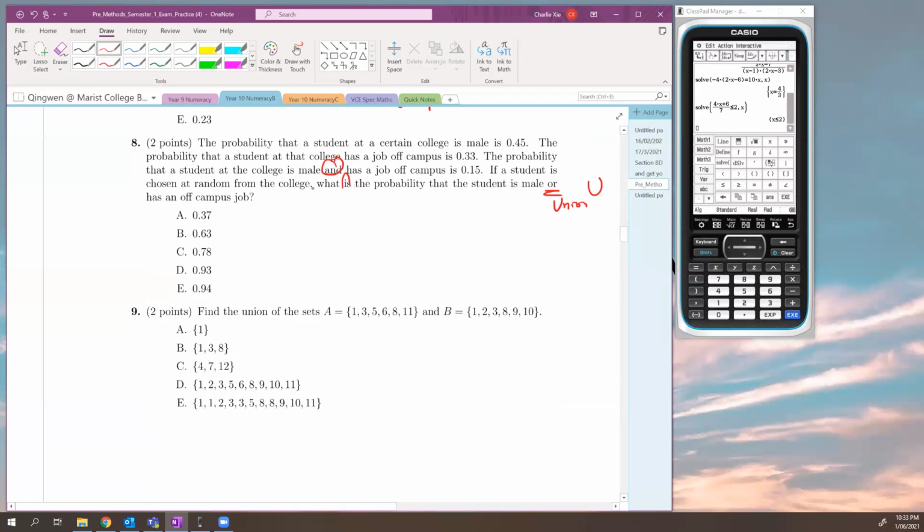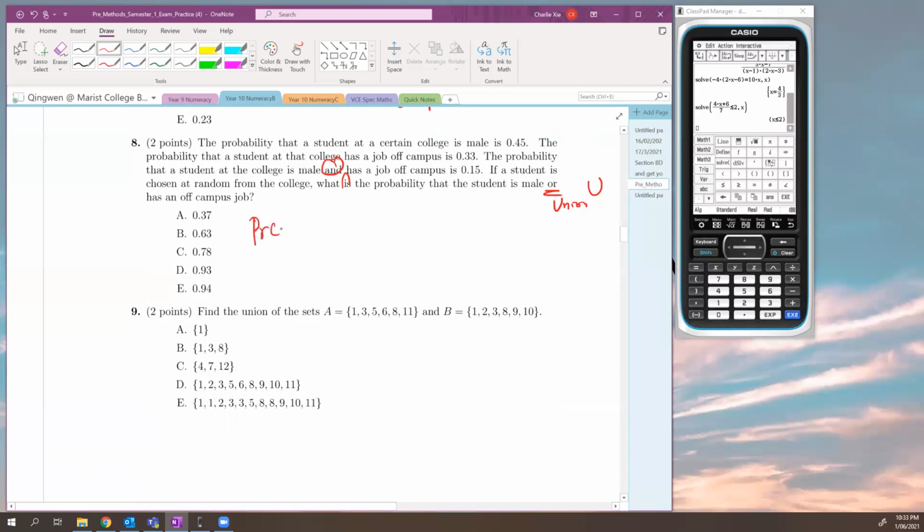By looking at this word problem, you might get really confused. You don't know what those numbers are for. But if you're familiar with your addition rule, you would know what this is actually using. So let's have a look at the addition rule. We're looking for male or has an off-campus job.